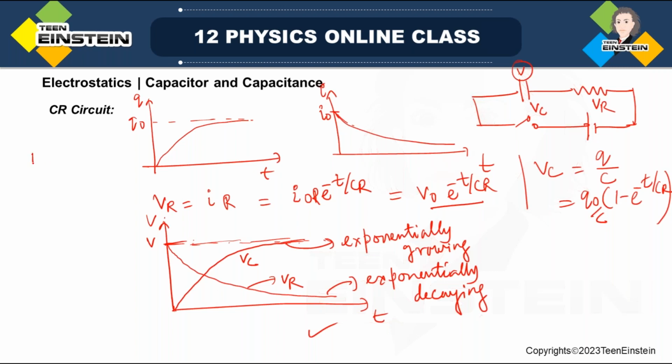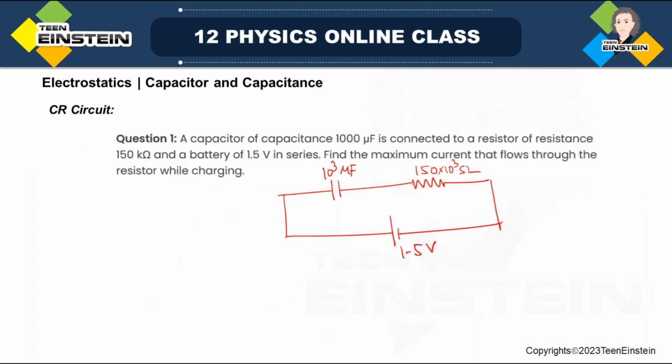The expression for the current was I0 e to the power minus t by CR. So at t equal to 0, the maximum current will be there. The question is the maximum current that flows through the circuit. So the maximum current is I0, which we have seen is V by R. What is V? This is the voltage of the battery.